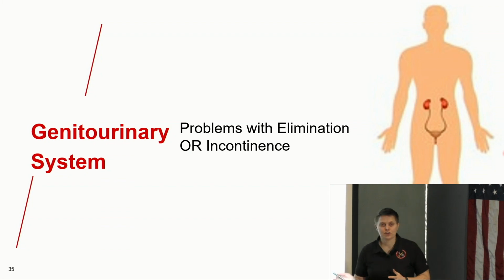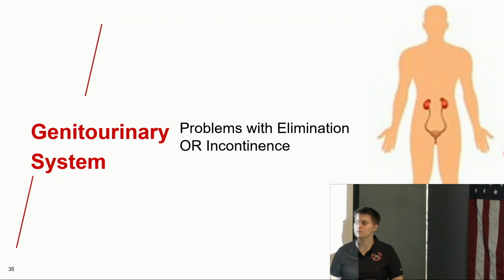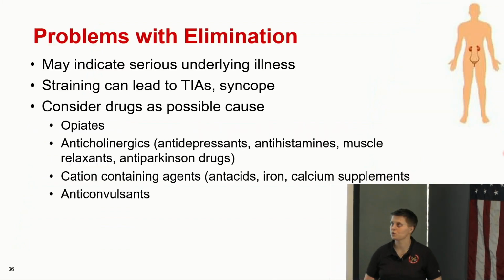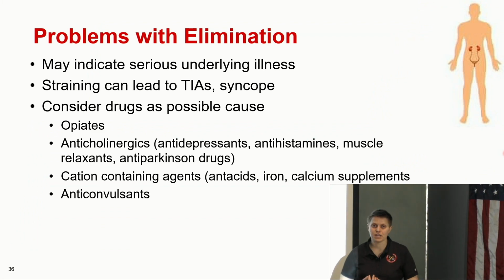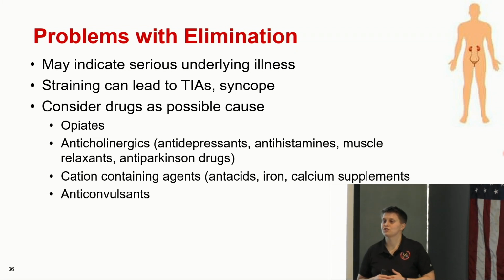In terms of the genitourinary system, there can be issues on both ends of the spectrum. So elderly patients may have issues with elimination, but they also may have issues with incontinence. When it comes to problems with elimination, although it may be a sign of typical progression of aging, it may also indicate severe underlying illness.